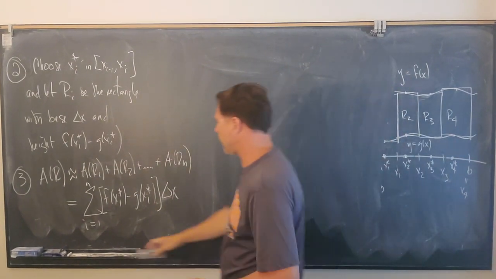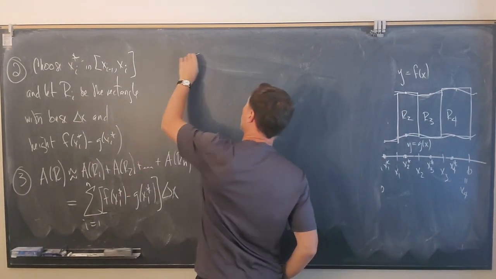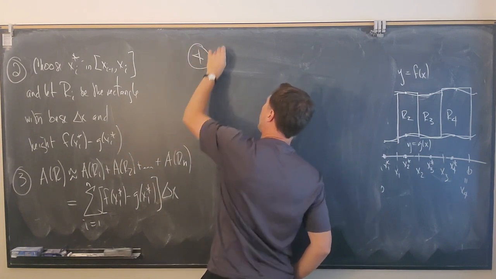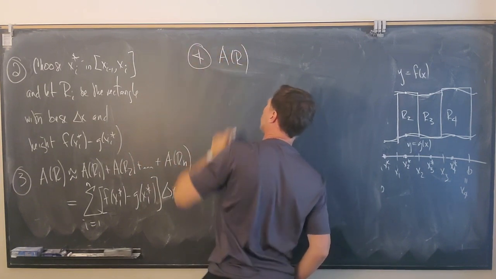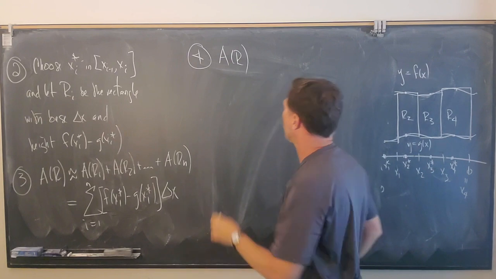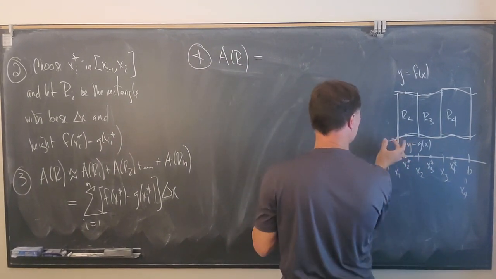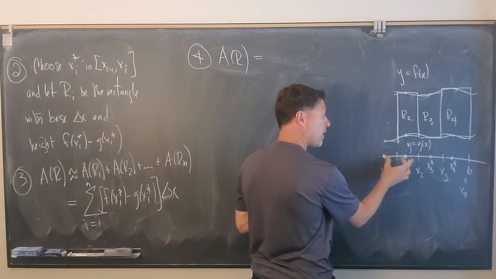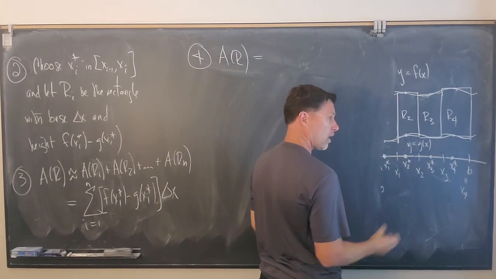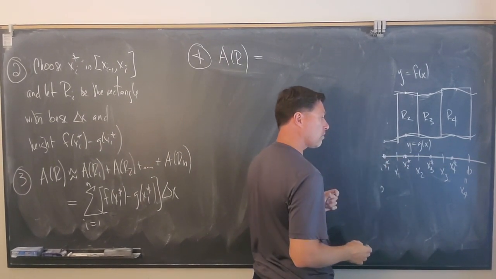And then our final step, step 4, if we want the actual area, the area of R, well, what do we want to do? We want to reduce the error by choosing more and more subintervals. They get skinnier and skinnier.